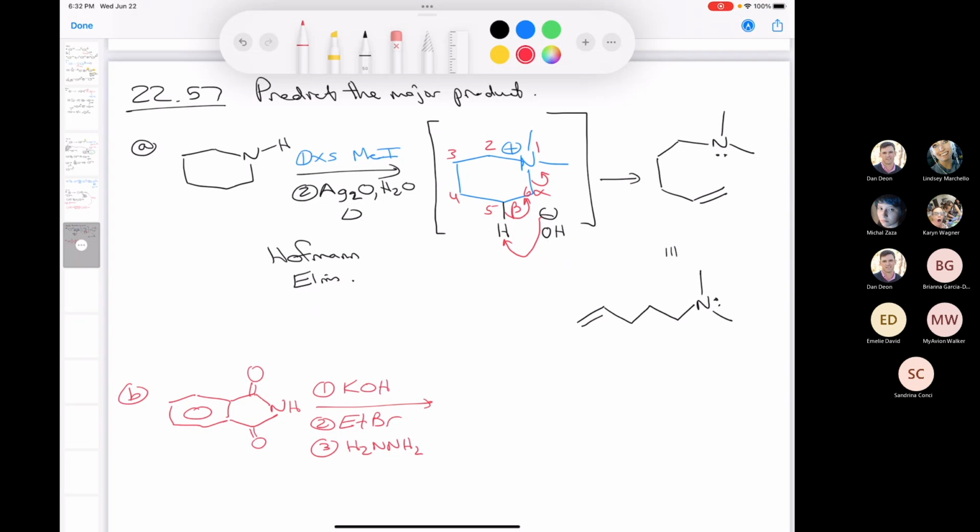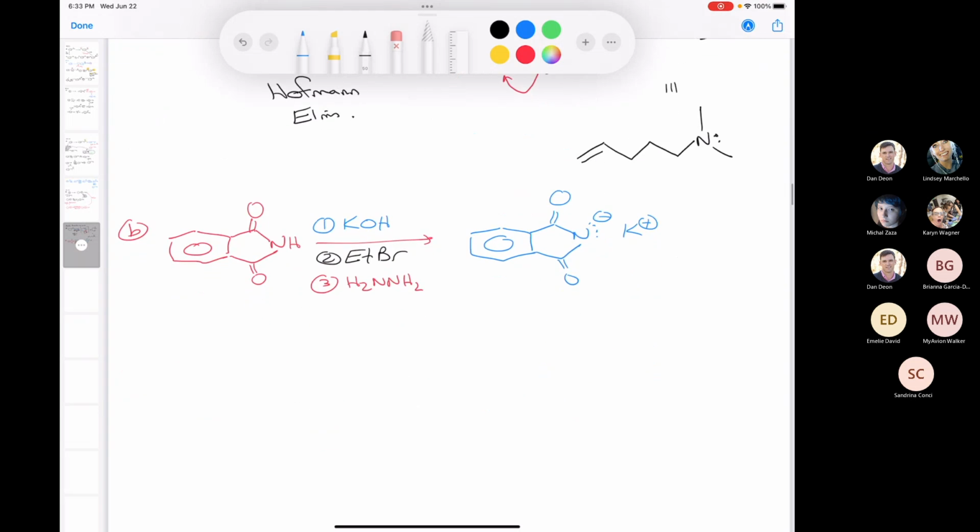Okay, well, let's kind of go through it. In the first step, we're going to end up with potassium phthalimide, right? We just deprotonate the phthalimide to make our nucleophile. In the second step, when we treat it with ethyl bromide, we're just going to do an SN2 reaction.